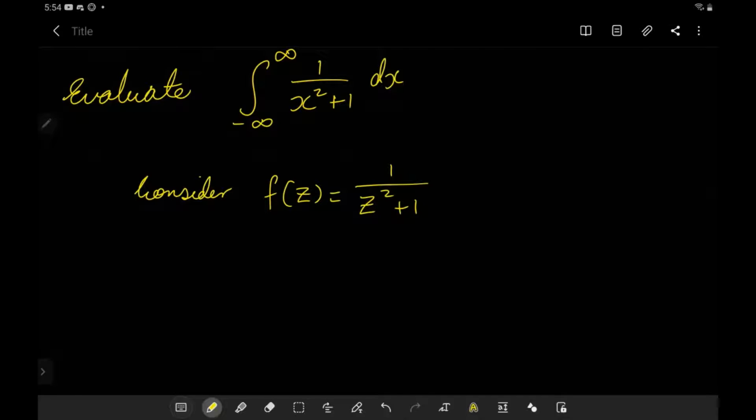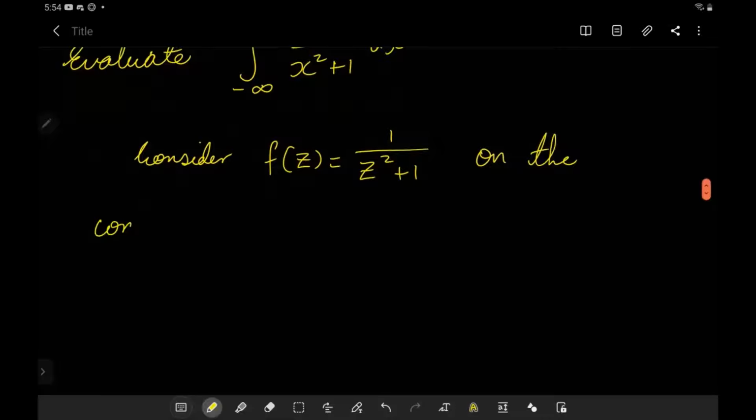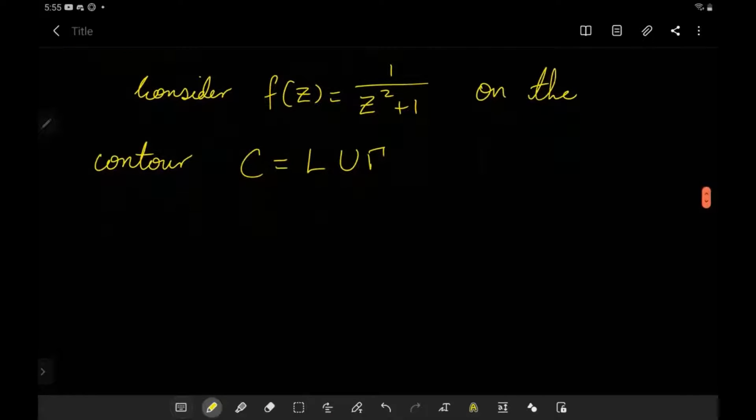And we want to evaluate this on the contour C, which is equal to L union gamma. And now let us define what L is and what gamma is.